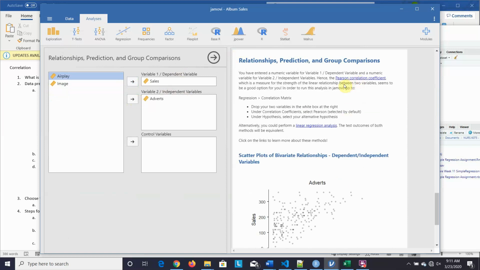We looked at Pearson correlations before, but we're really interested in doing a regression analysis, and it suggests that. So again, you have the luxury of this nice tool in Jamovi to help guide you when you're planning analysis. There's really no reason to get to the end of a study and find out you didn't collect the data that you needed to. You can plan this out ahead of time.